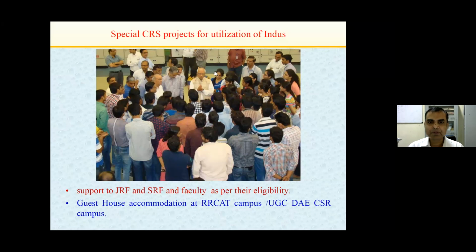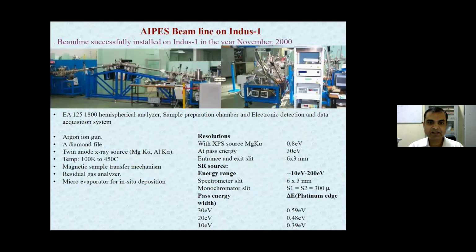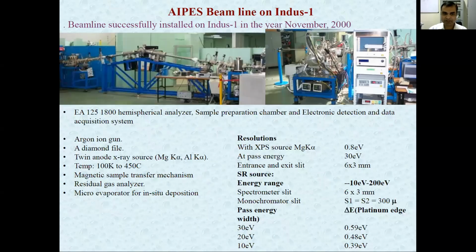Now coming to this angle integrated photoelectron spectroscopy beamline, that is how this beamline looks like, and this is our experimental station. And the name tells us that we do angle integrated photoelectron spectroscopy measurement at this particular beamline. And these are the specifications which are available.